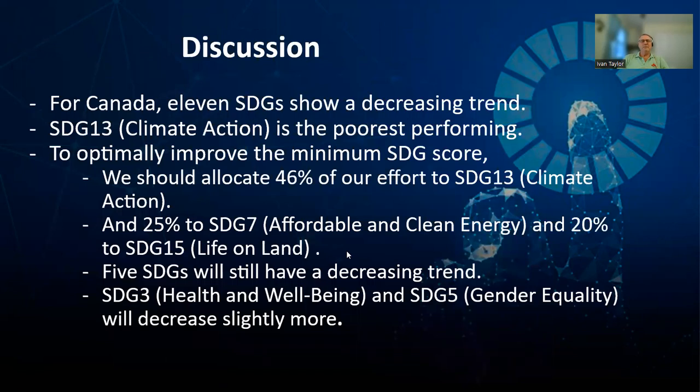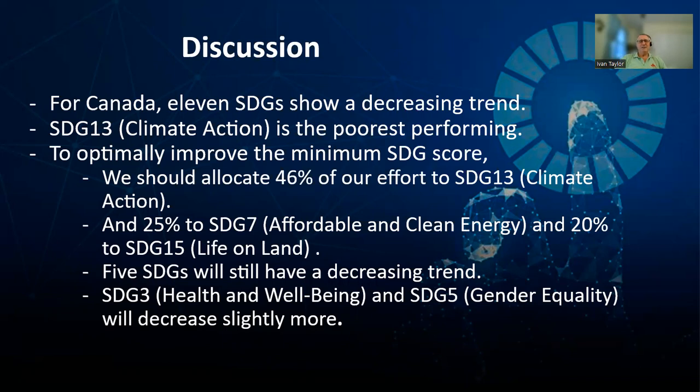So in this work we did, we found that for Canada, 11 SDGs showed a decreasing trend in our projections into the future. And SDG 13, climate action, was the poorest performing SDG. And so we developed a methodology to optimally improve the minimum SDG score. And when we did that, we would suggest that we allocate 46% of our effort to SDG 13, climate action, 25% of our effort to affordable and clean energy, and 20% of our effort to life on land.